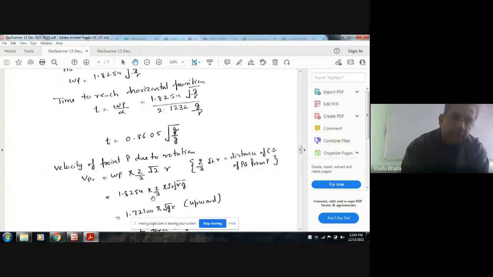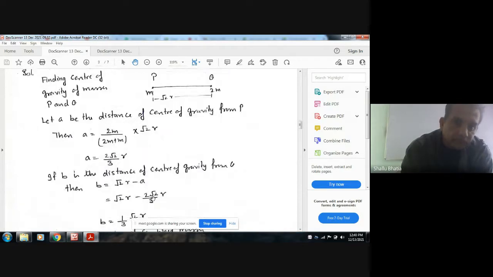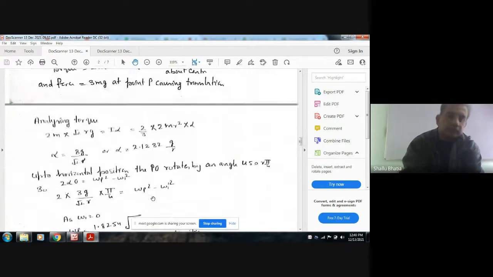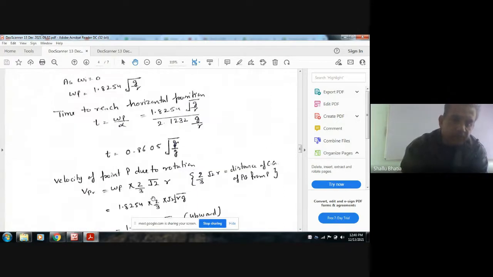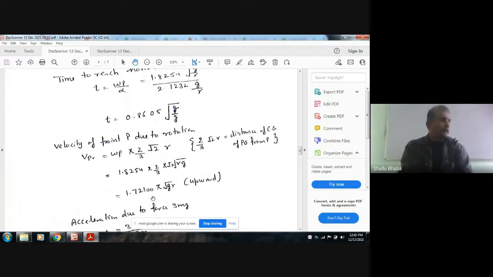So if t is known, we have to find the velocity of the particle at t. Now t is the time when this link PQ starts from theta equal to 0 and reaches the horizontal position. At this horizontal position, the angular velocity is omega f.